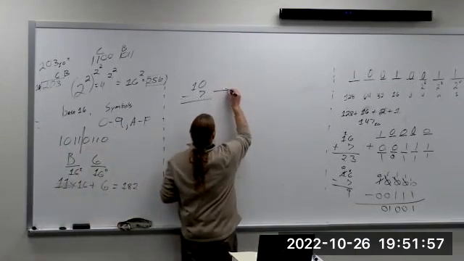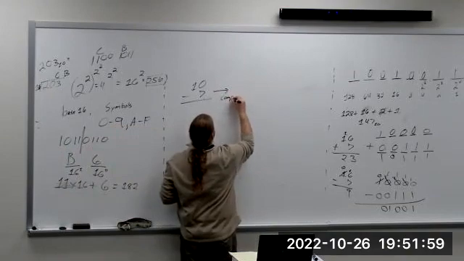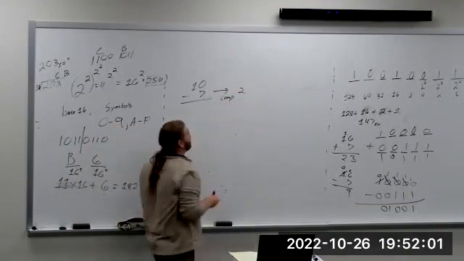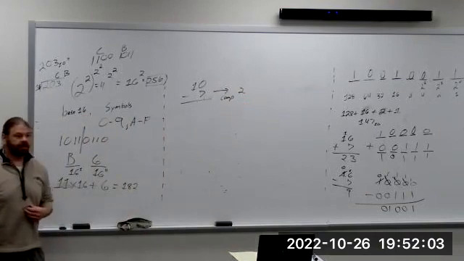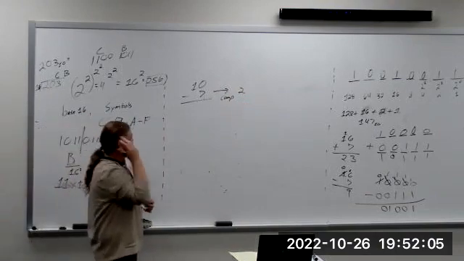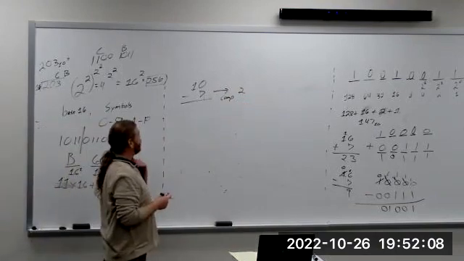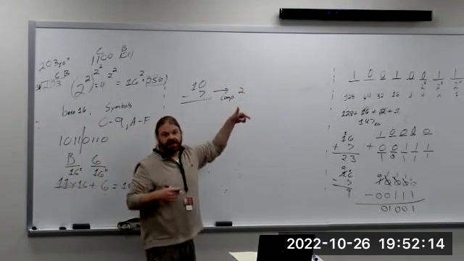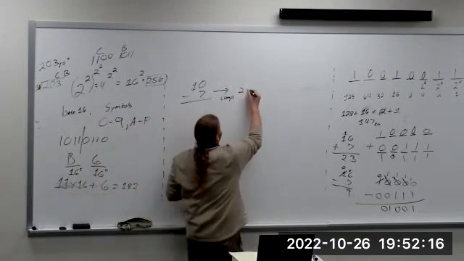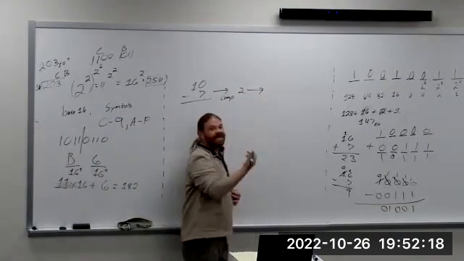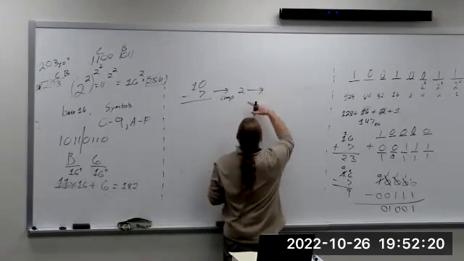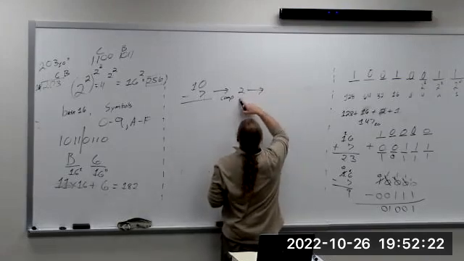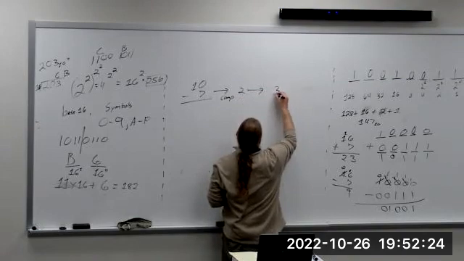So the complement of 7 is a 2. And then we add 1 to get our 2's complement, the second degree complement. So that would give us a 3. 2 plus 1 gives us a 3.